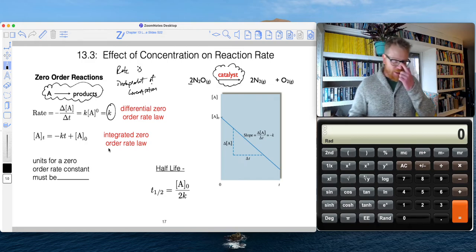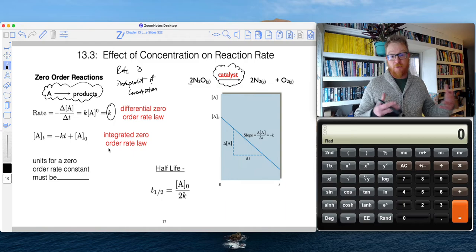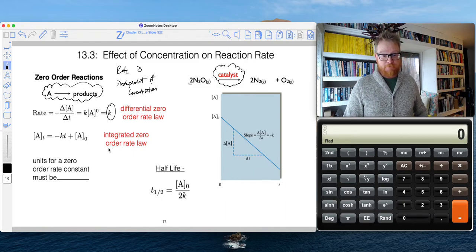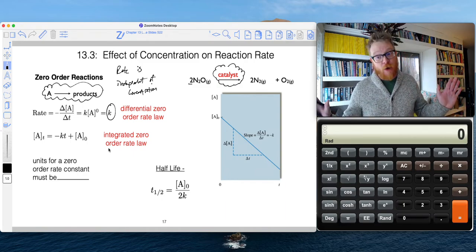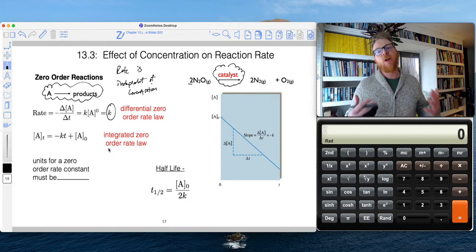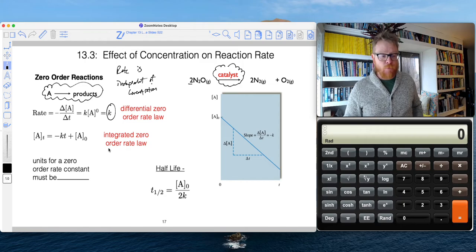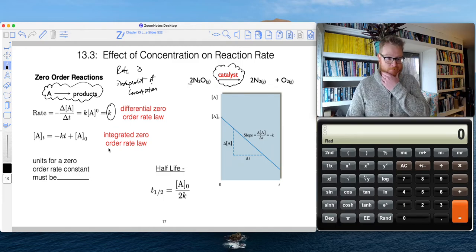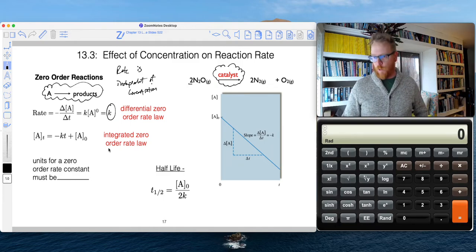That means in a zero order reaction, if we change the concentration of our reactants and that doesn't affect the rate at all, then we know it's a zero order reaction. That's why some of these are a little bit rare, because most of the time in chemistry, when you change the concentration, it does indeed change the rate at which the chemistry proceeds, but not in the case of a zero order.